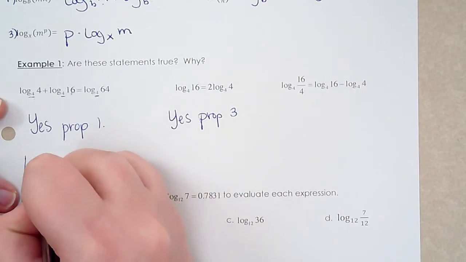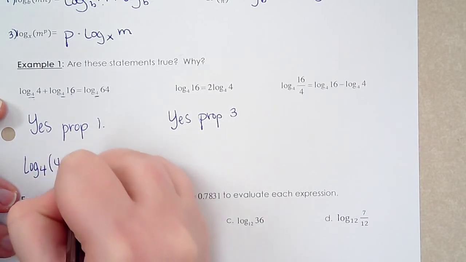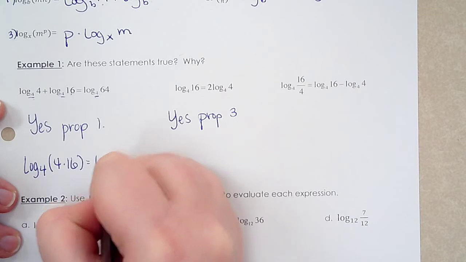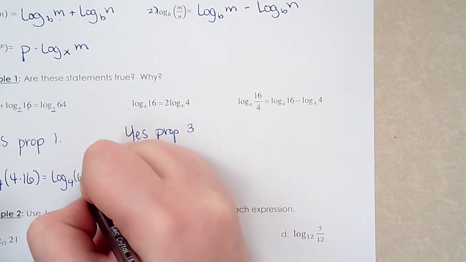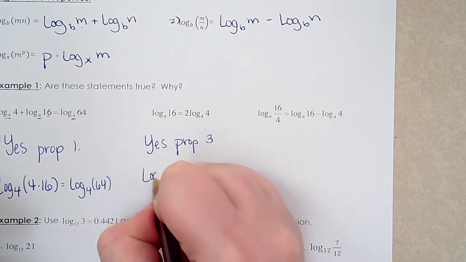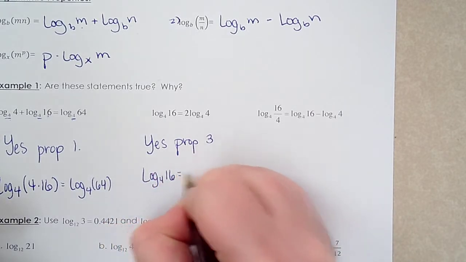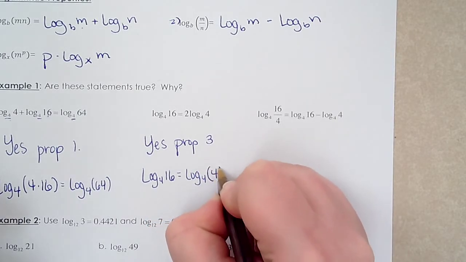So log base 4 of 4 times 16 is equal to log base 4 of 64. That's one way to show it and see that those are equivalent. Same thing here. I could say log base 4 of 16 is equal to log base 4 of 4 squared.